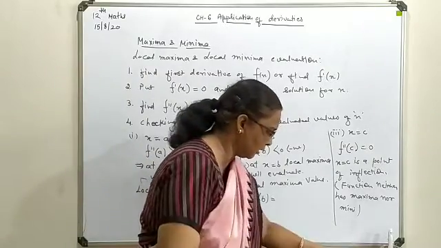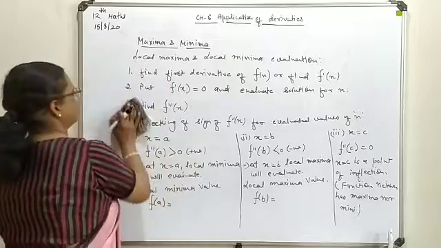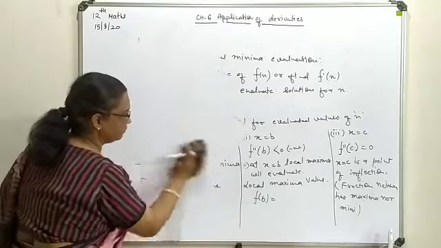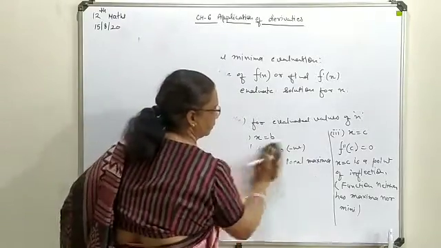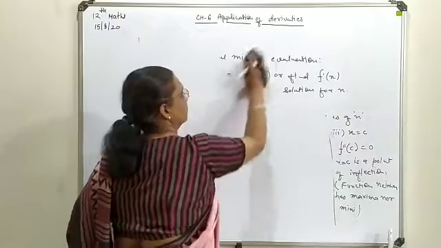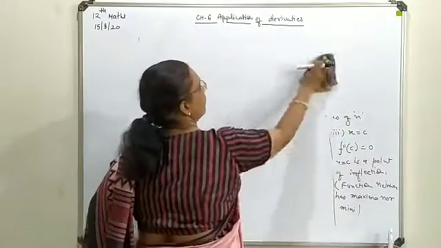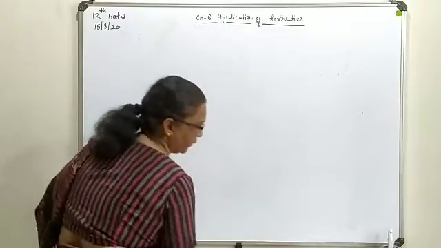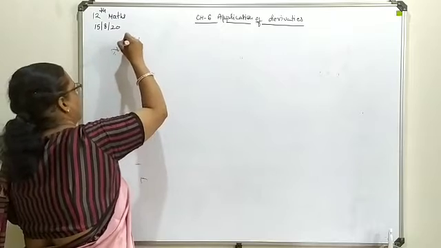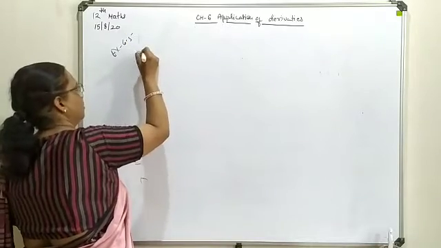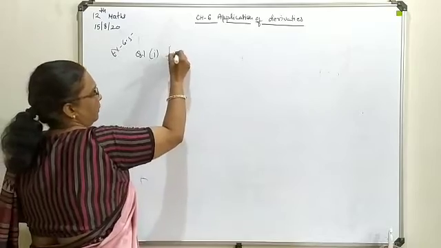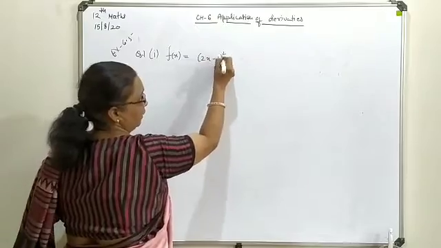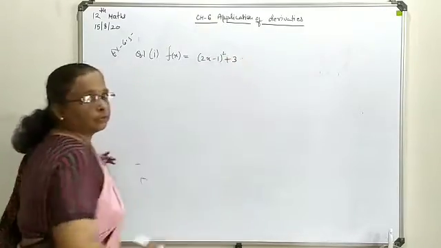So here I am going to write a very small question. In the next exercise I will talk about question number 1, first part only. Here you have to find the maxima and minima for the function 2x minus 1 whole square plus 3.